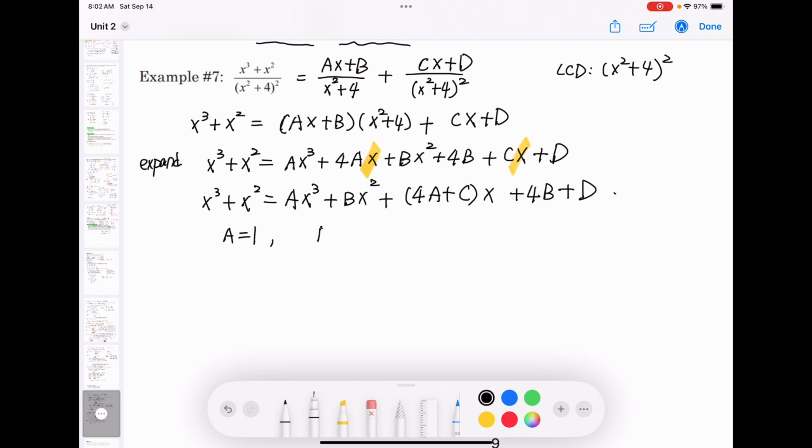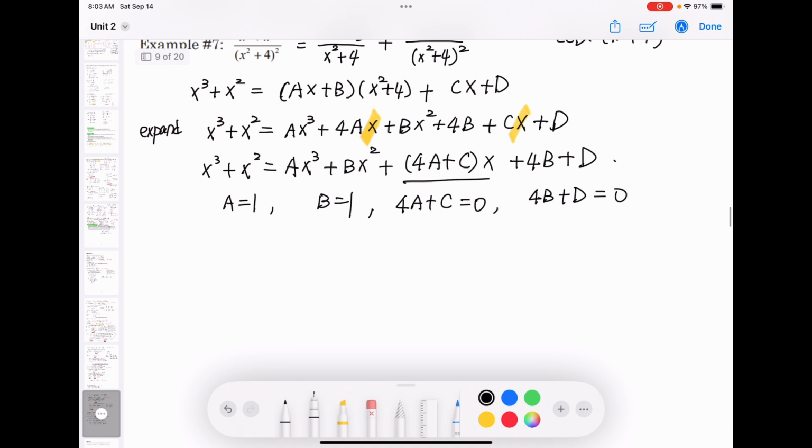So b is equal to 1. And the next equation is 4a plus c, times x. We don't have the x term on our left-hand side. That means 4a plus c is equal to 0. And we don't have a constant term on our left-hand side. So 4b plus d is equal to 0.